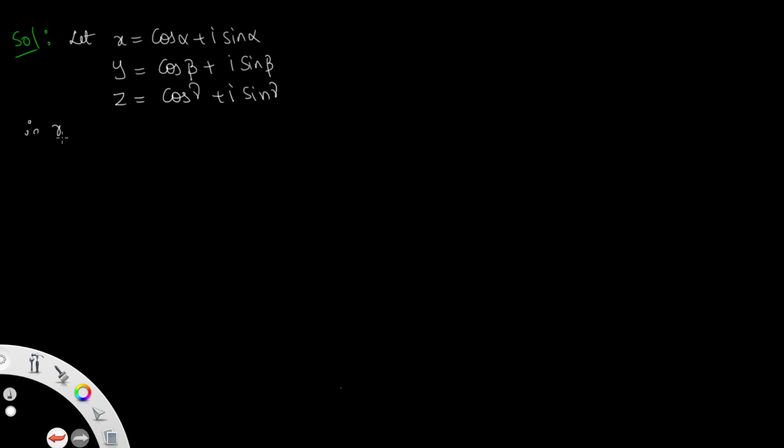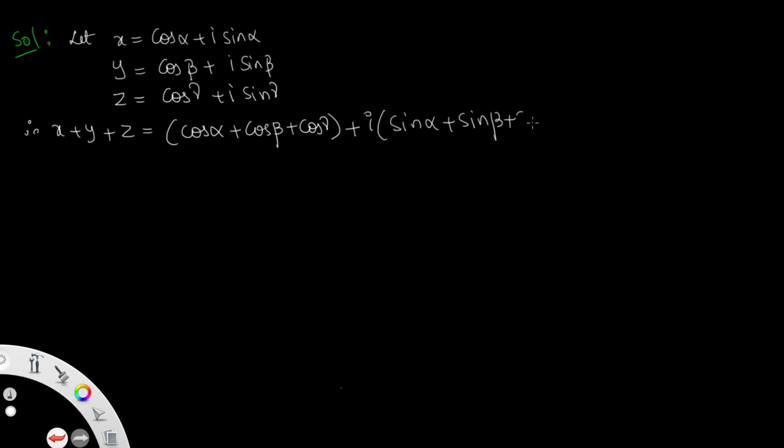Therefore, x plus y plus z equals real parts added, cos alpha plus cos beta plus cos gamma, plus i into sin alpha plus sin beta plus sin gamma. But in the question it is given as 0 plus i into 0, that is equal to 0. Therefore, we can write x plus y plus z equal to 0. That will be the first equation.